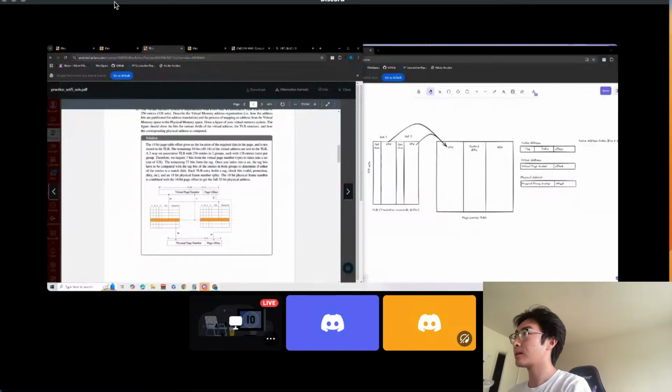So, cache address. I'm gonna zoom in a bit here. This should be 14 bits. So index we had computed, it was going to be 7 bits. Right, how do we know?